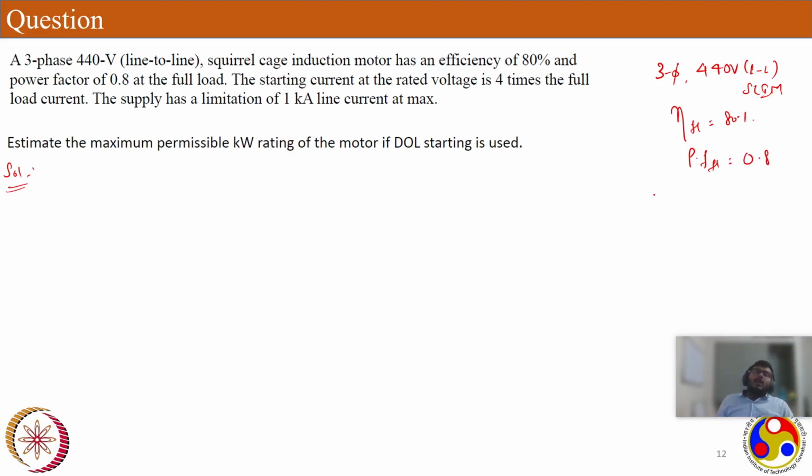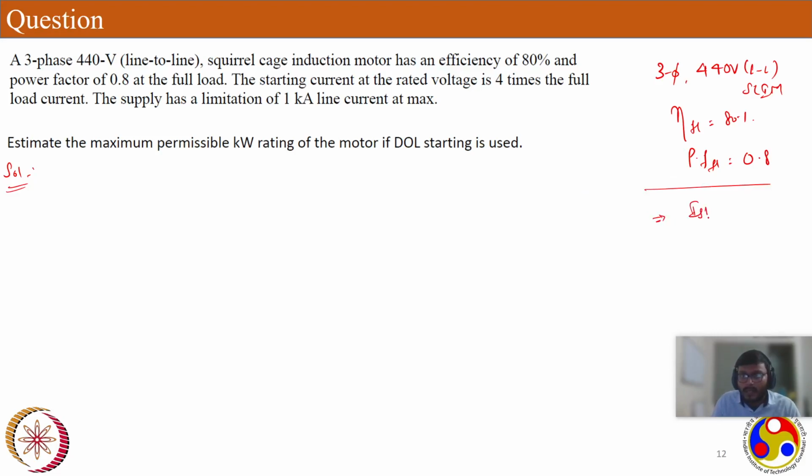Now, the starting current at the rated voltage is 4 times the full load current. So here we can see how much more the starting current is. If there is no starting method, my starting current is 4 times the full load. It's very dangerous.